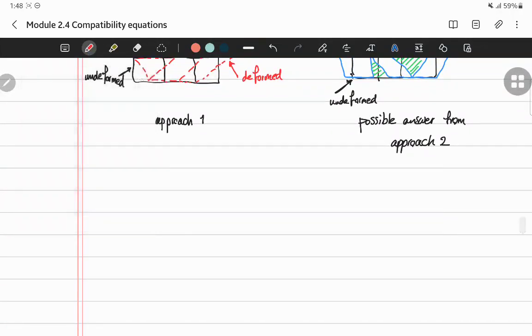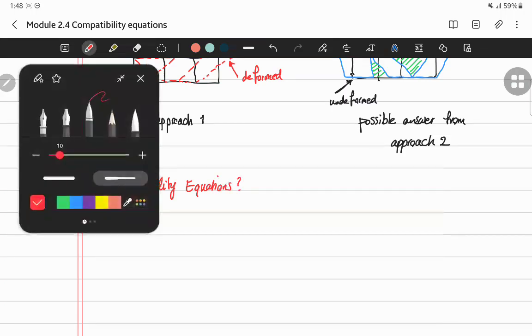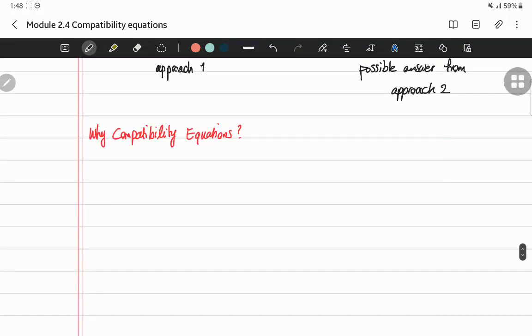let's answer this question. Why compatibility equations? Sorry, compatibility equations. In elasticity, we make an important assumption.